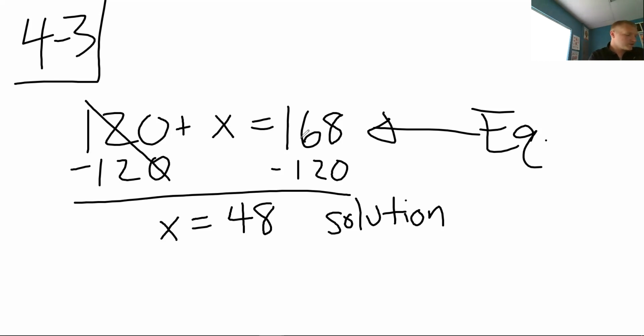For example, to undo subtraction of 5 in the equation y minus 5 equals 10, you could add 5 to each side of the equation. So that's what we did right here. We had positive 120, so the inverse of that would be subtracting 120 from both sides of my equation. When you have a positive, you're going to subtract from both sides.